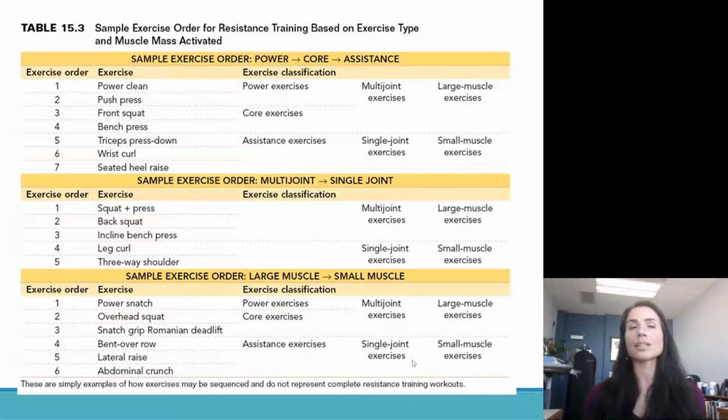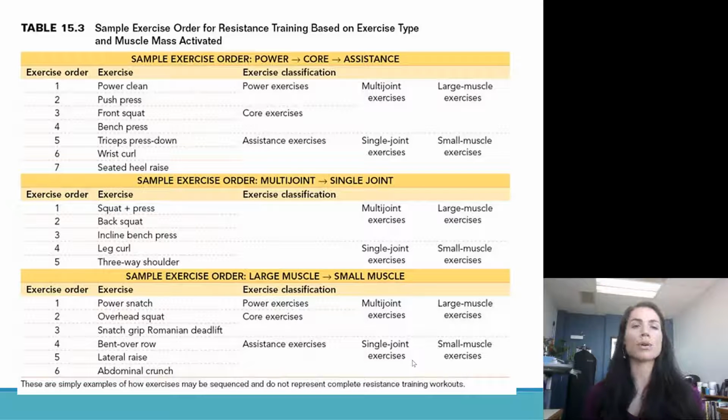And to be clear, when we say core, we don't mean our abdominals. We're saying core versus assistance exercises. We covered that in lecture 2 or part 2 of this lecture. So we start with power, and then we go to those core primary exercises, and then we go to those assistance exercises. And those can then be divided into multi-joint exercises and single joint exercises, large muscles and small muscles, right? So that's that first example.